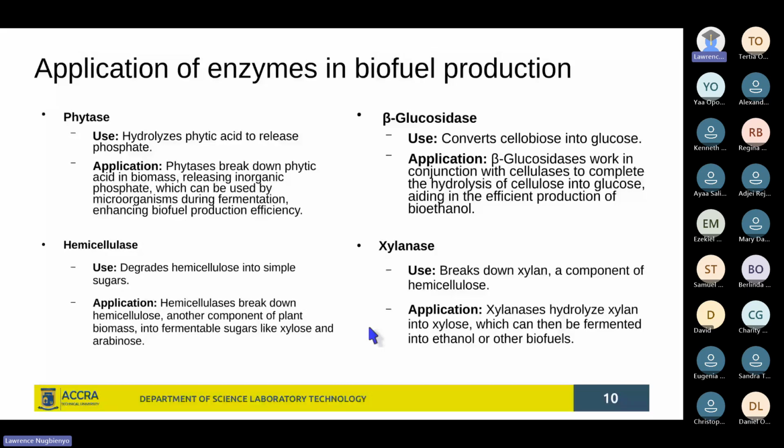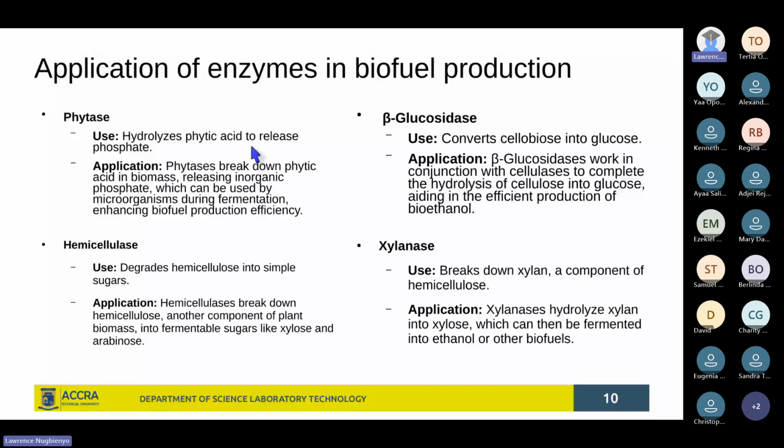And there too is a process of fermentation, which results in the production of this bioethanol. And you have enzymes such as phytase, which can hydrolyze some other component of these polysaccharides such as phytic acid.